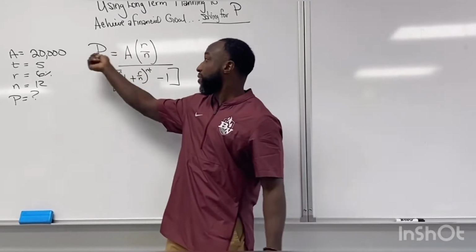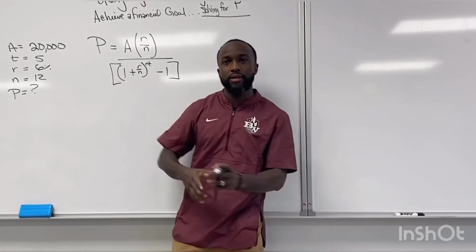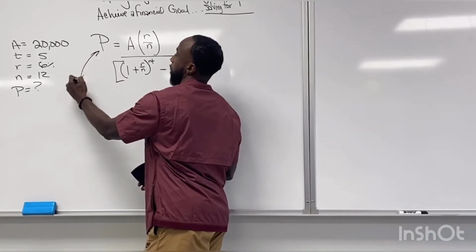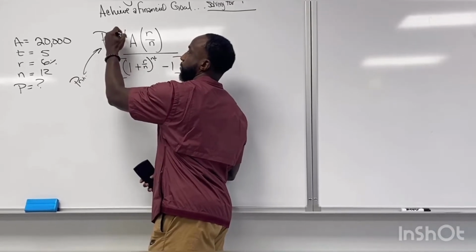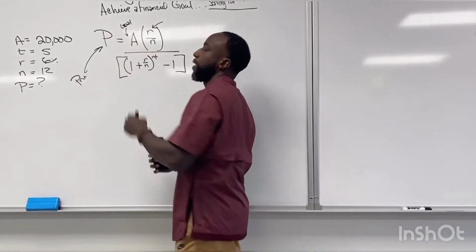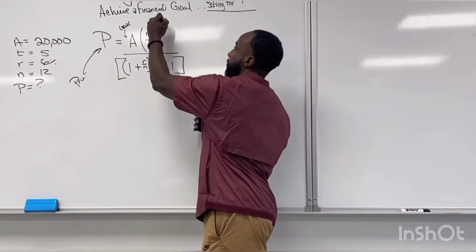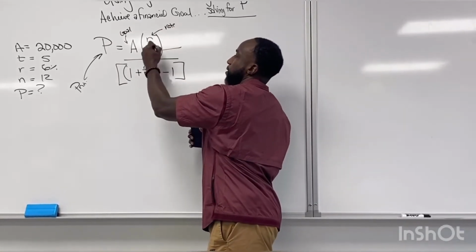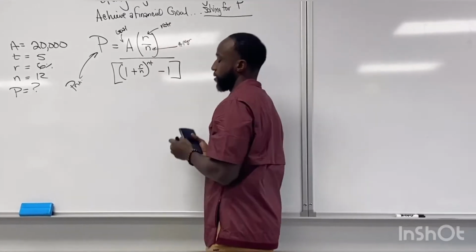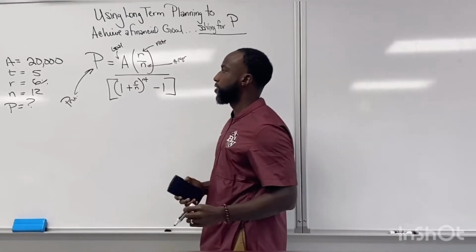So again, what does P represent? The principal. A represents the goal or the annuity amount. R is the rate. N is the number of payments. So, let's do it.